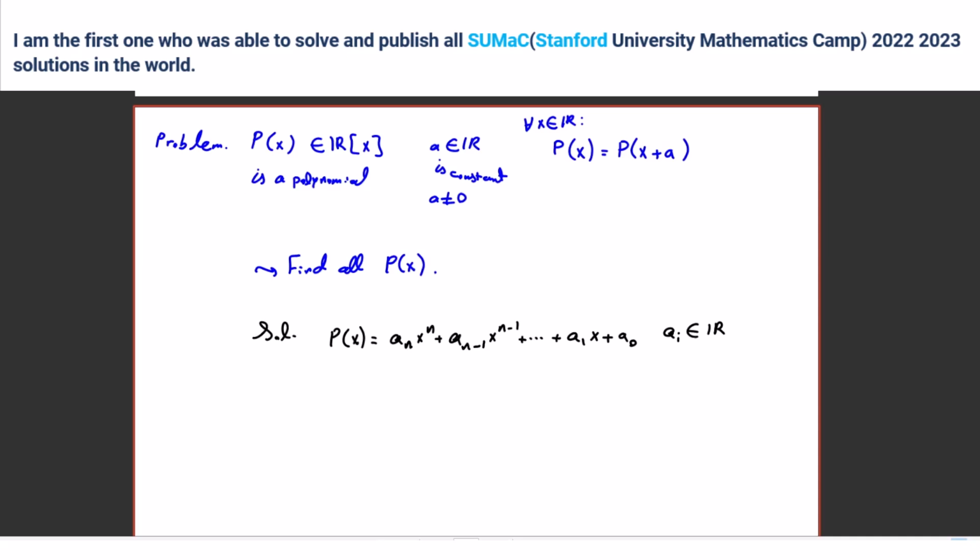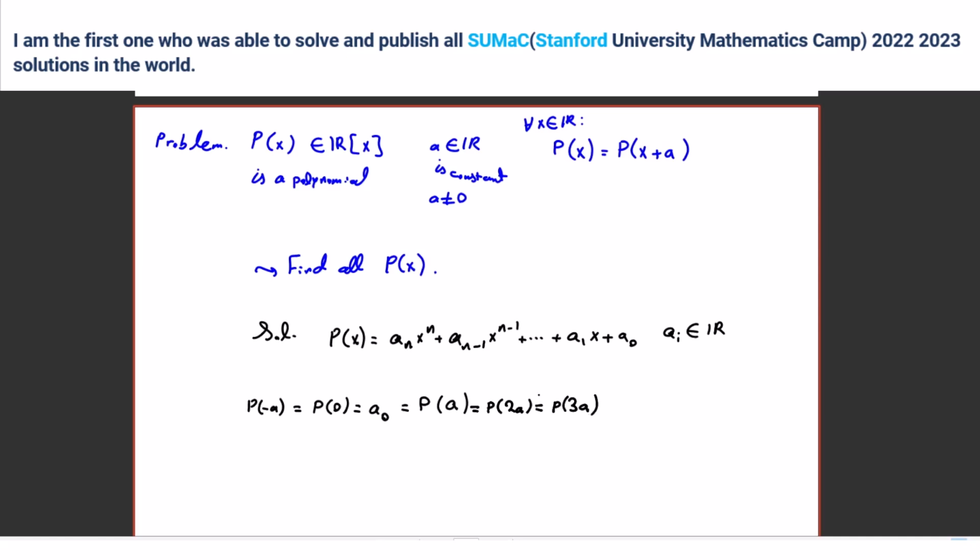Well, I can't figure out a rigorous proof, but first of all, P of 0 equals P of a, P of negative a equals P of 0, and basically you get P of 0 equals P of a equals P of 2a equals P of 3a, and so on.